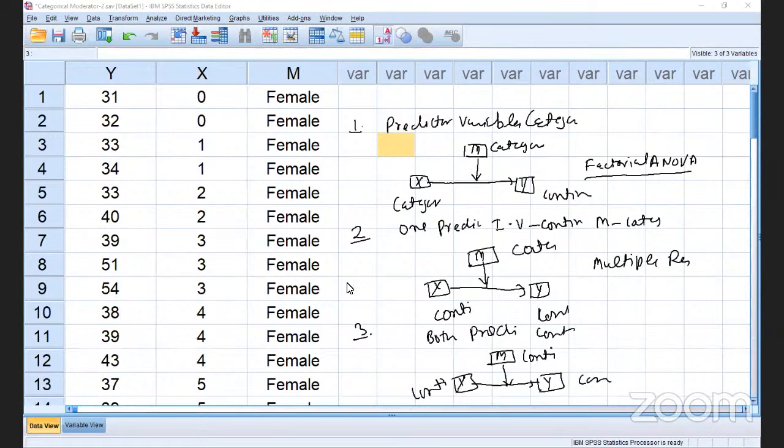So today I will discuss the two techniques: one predictor independent variable that is continuous and another moderator variable categorical, and second, the independent variable continuous and moderator variable continuous. Okay, so I start both the techniques with the PROCESS macro.